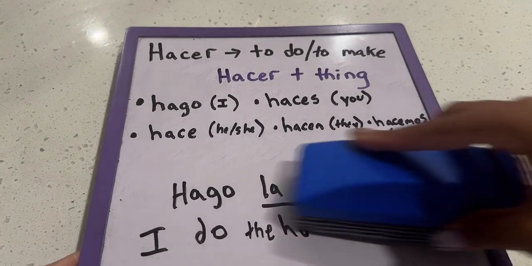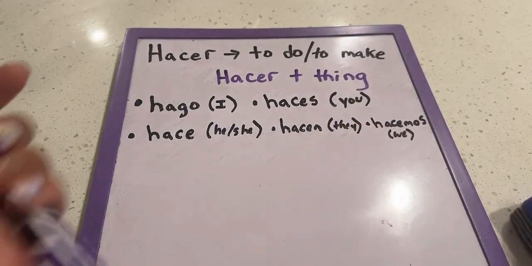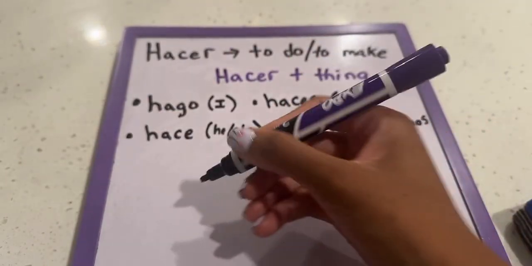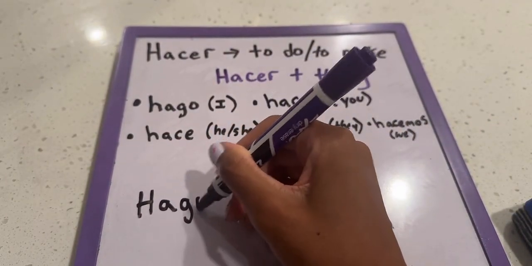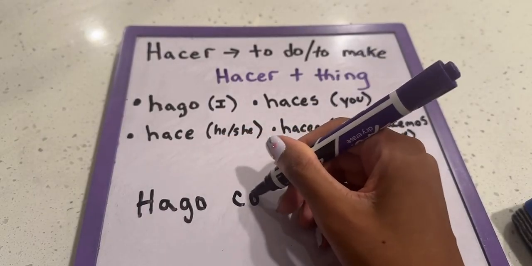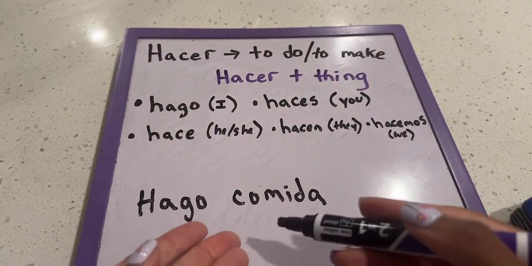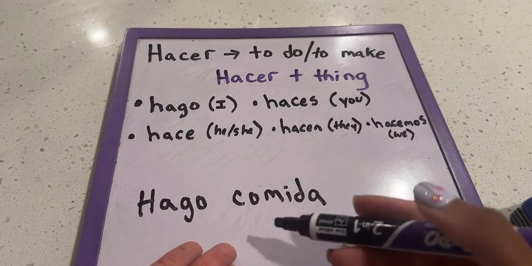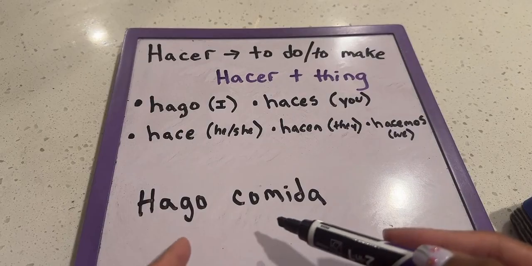Now, for those of you who cook, then you could say something like, hago comida. So now, in this case, for this specific context, it's not going to be I do, because if I said I do food, that doesn't make any sense.